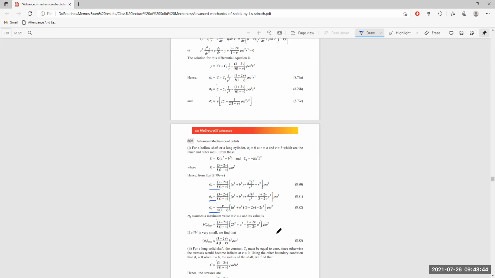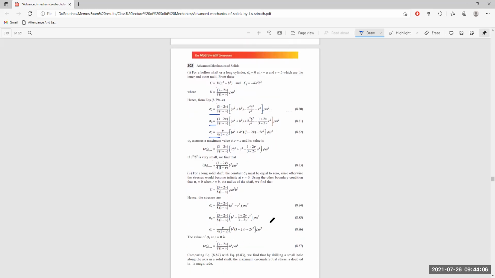These are more or less equal to 0. So this portion all becomes equal to 2 only, multiplied here by (3 minus 2 nu)/(4(1 minus nu)) itself, and it is equal to b square rho omega square.